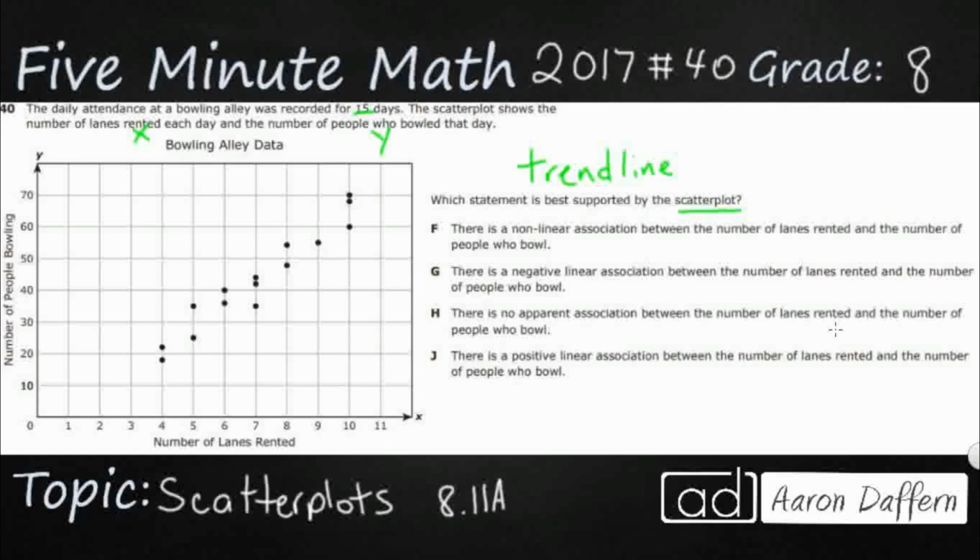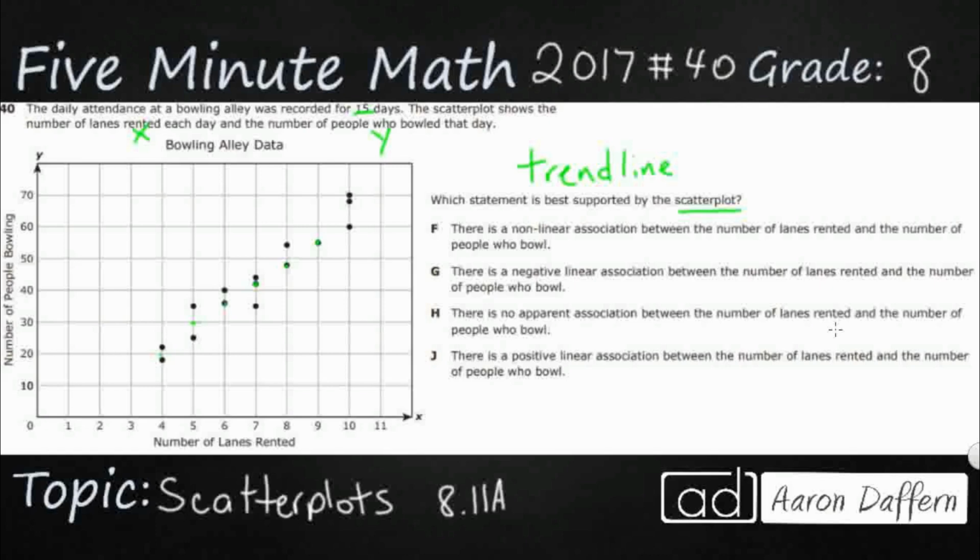And you're probably noticing that we've got a pattern down here, starting with 4, and it kind of moves up to the right, up to 10. So what I'm going to do is draw a line, and I'm going to try to hit in between some of these dots here. If I can hit in between, that's fine.